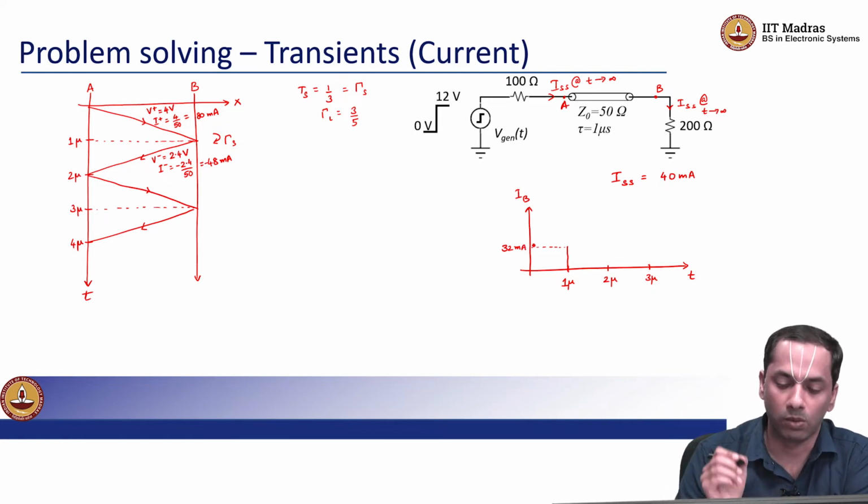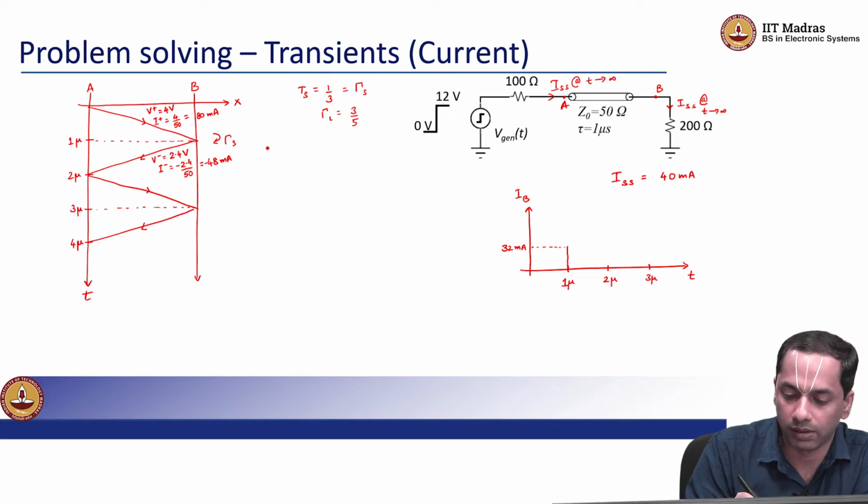Okay, how did I get that? It's simply I_B is equal to I plus I minus, and this was 80 minus 48, giving you 32 milliamps.